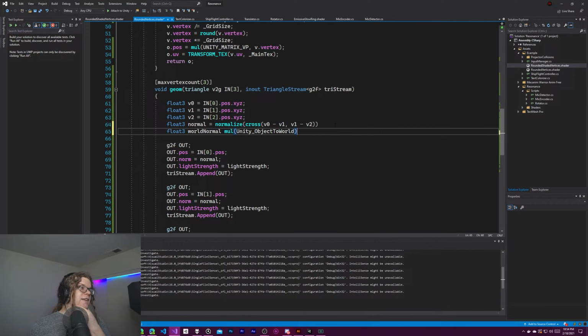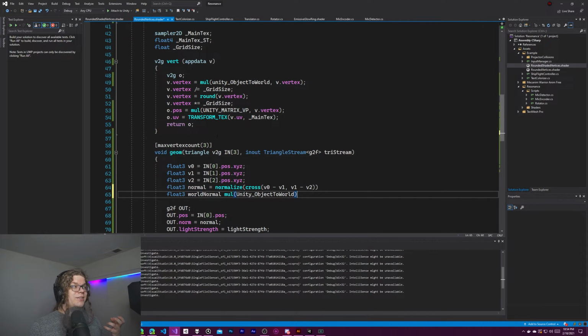Problem with that is our light is in world space. And you can't really compare things that are in different spaces. It's like talking to somebody and telling them to go right. They're going to go a different way than you were, especially if you're facing them. So it's not going to work. So we need to actually get everything into the same coordinate space in order to do this.